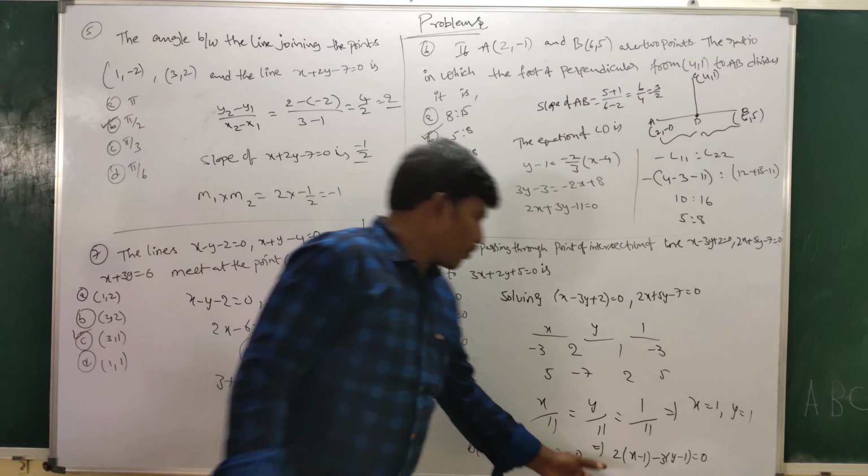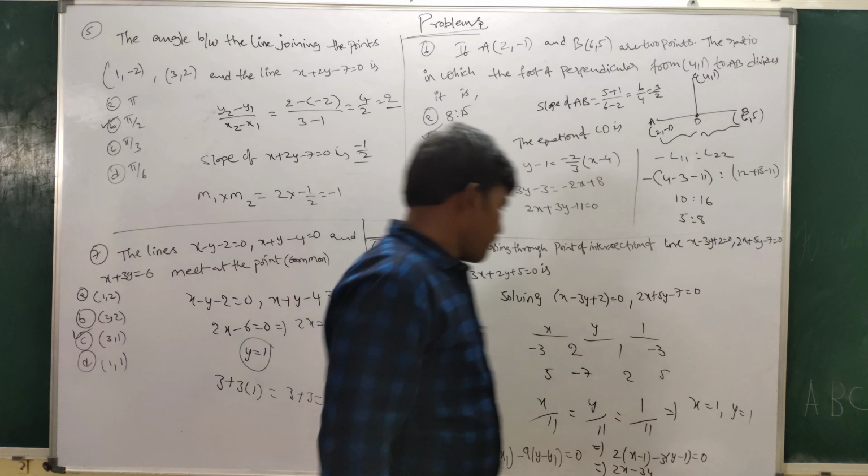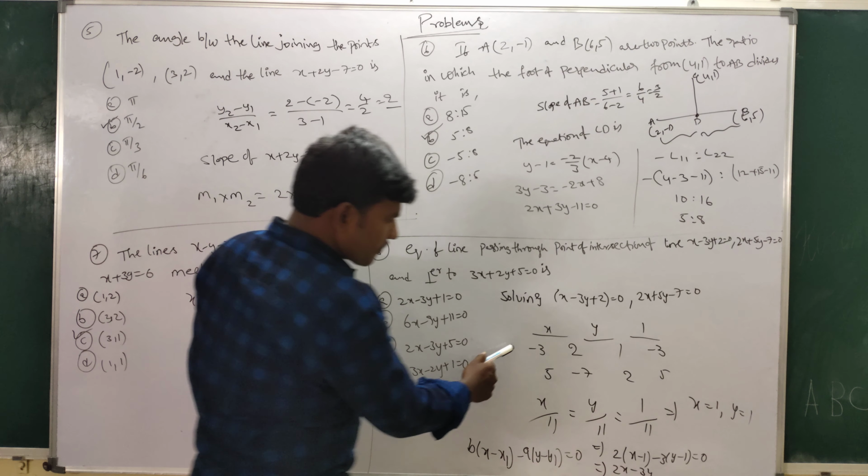2 into x, 2x minus 3 into y, 3y. 2x minus 3y. 2 into minus 1, simply we observe.